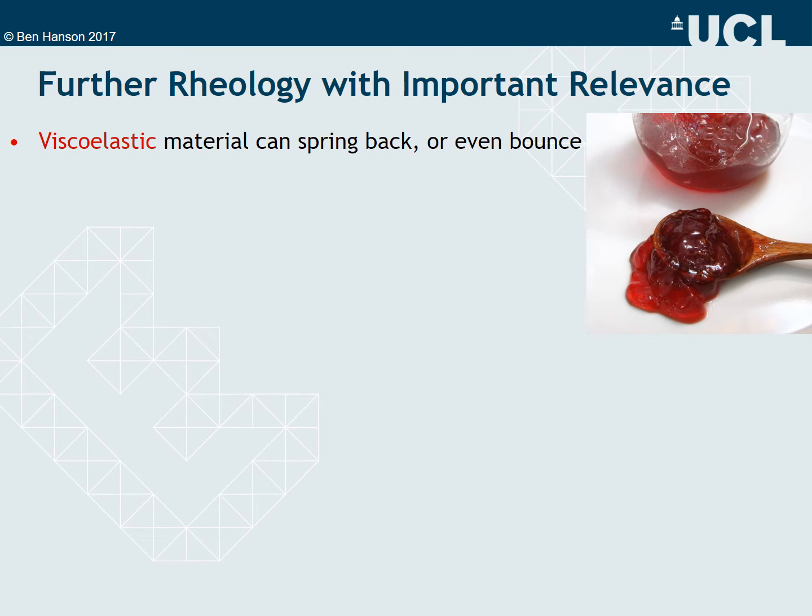Now, there are further influences of rheology that might play a part in practice. We've mentioned shear thinning viscosity, but even with that, that doesn't describe all the characteristics of materials. Viscoelastic materials, such as this jelly shown here, can spring back. It can have an elastic component, sometimes even bounce.